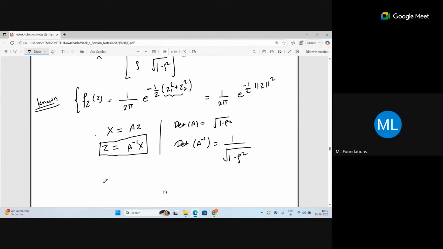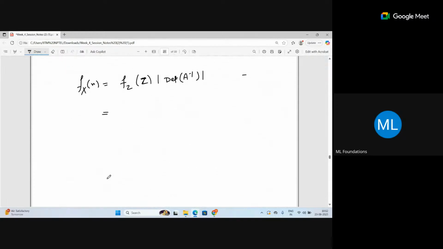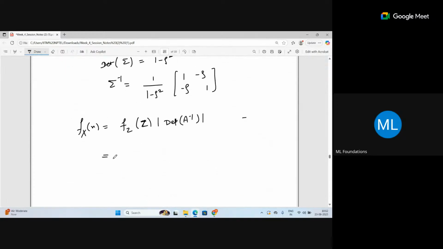I hope this is fine. And if I wanted to find the joint density of x, it is like this: f of x1 x2 of x1 comma x2 is equal to fZ of A inverse x, into the mod of determinant of A inverse.